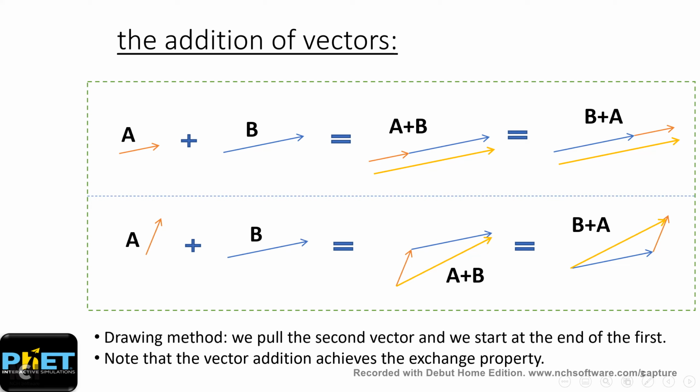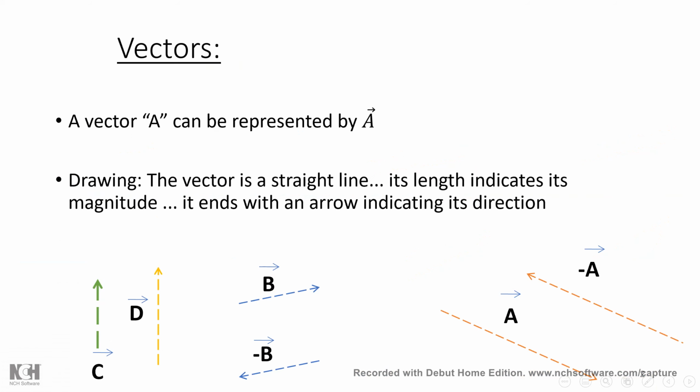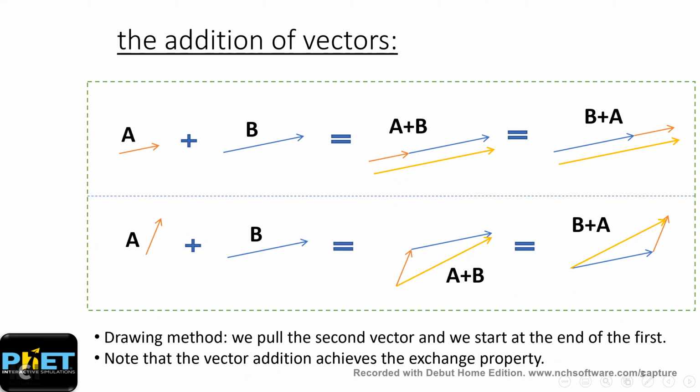In this way, look, in vectors, the addition process is not simple. This is A plus B, and this is A plus B. We have the same vectors, A and B, the same length for A, but we have different direction. The same vector B with the same direction.